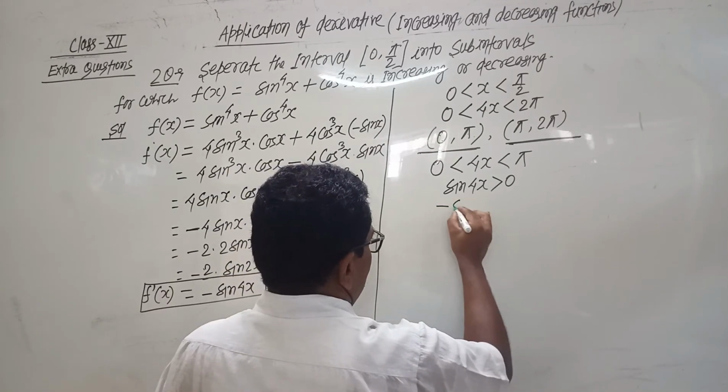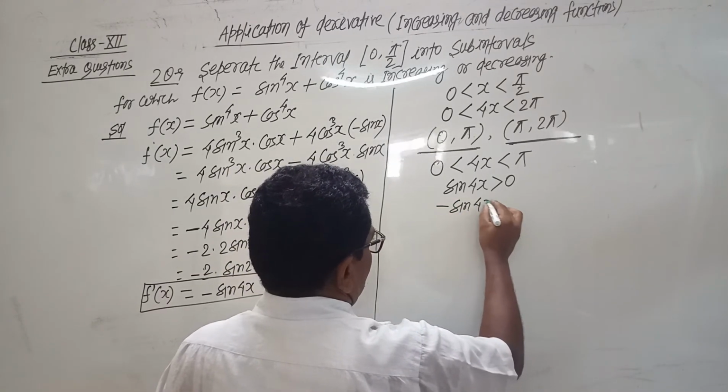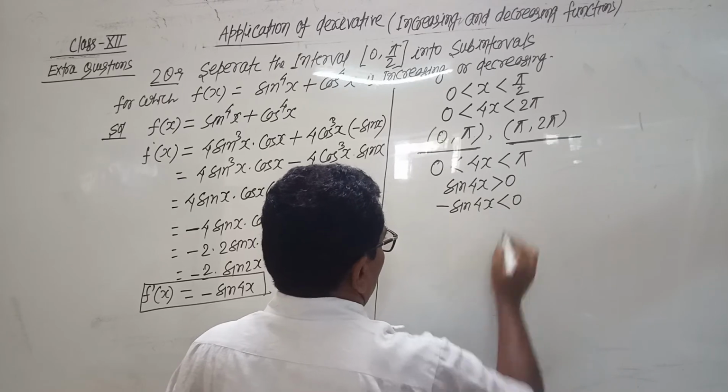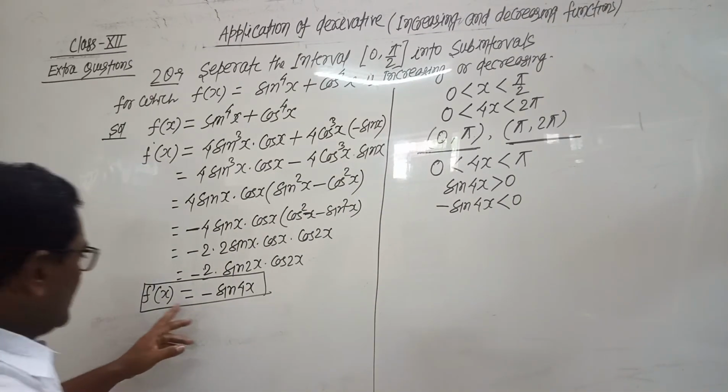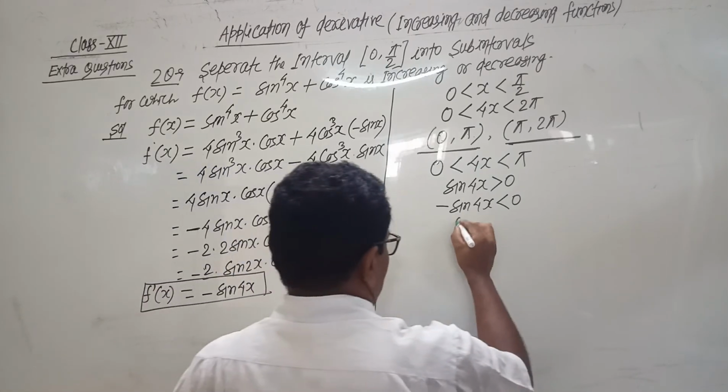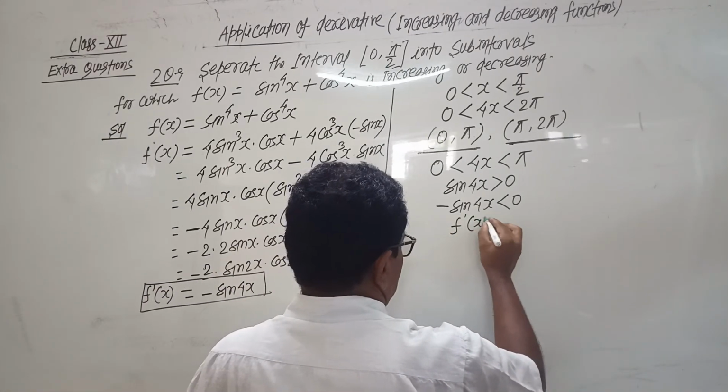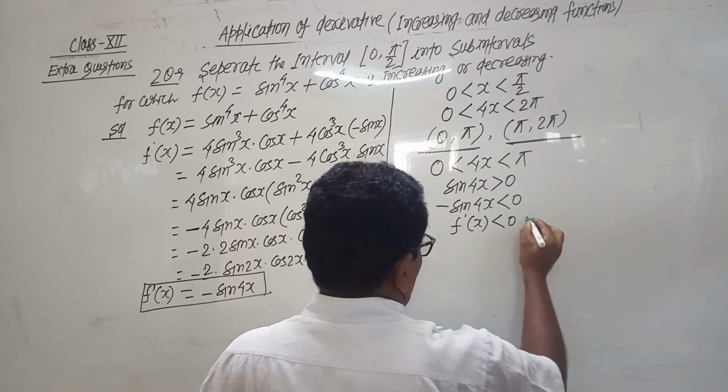It means minus sin 4x is less than 0, and in place of minus sin 4x we can write f dash x. So f dash x is less than 0.